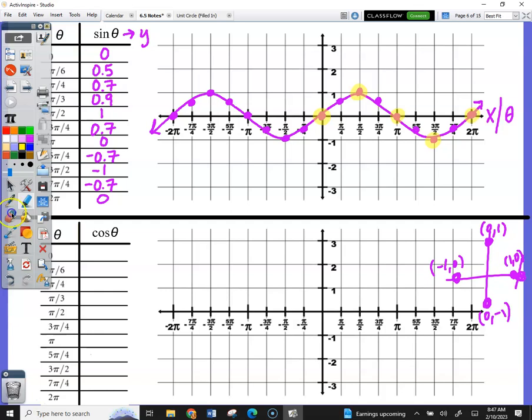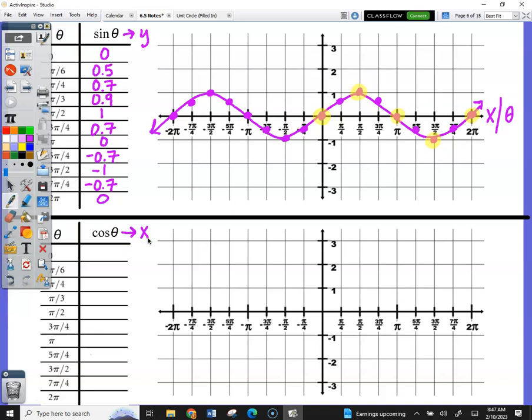Let me erase this. Now we're going to fill in the cosine graph. The cosine graph means we're looking at the x coordinate this time. You're repeating the exact thing that we just did, but now we're pulling the x value.